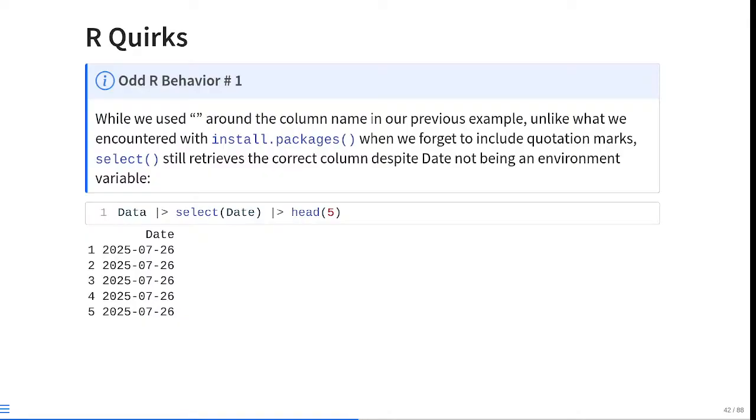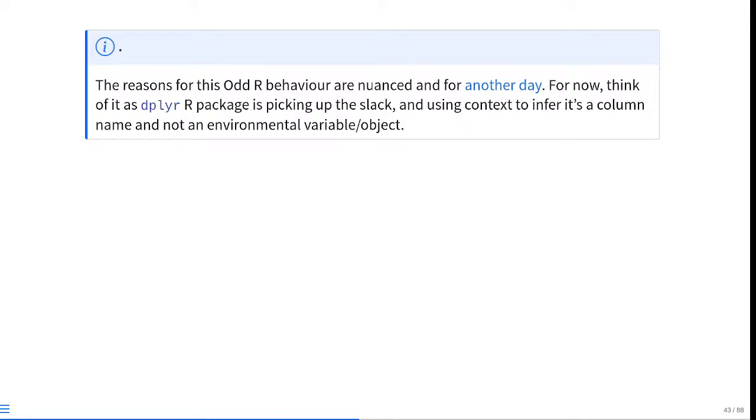What's happening in this case can basically be thought of as the dplyr R package, and the Tidyverse packages in general, picking up the slack. Now, the actual description of what's going on is nuanced and it's for another day, and I have included the link for those who are interested.